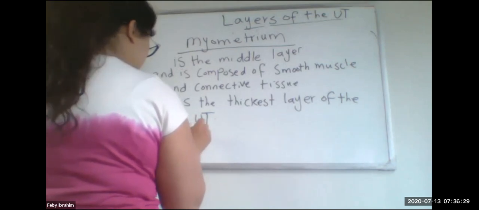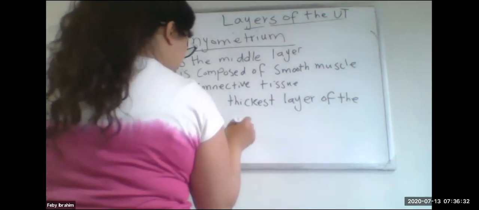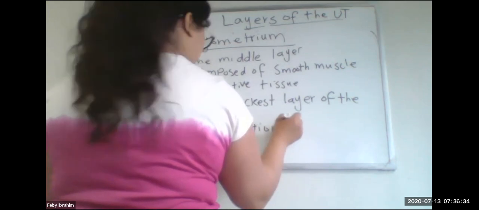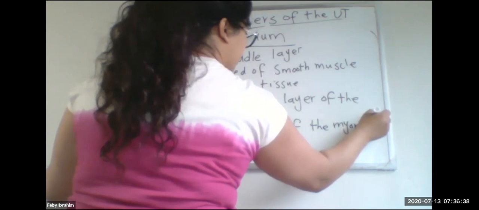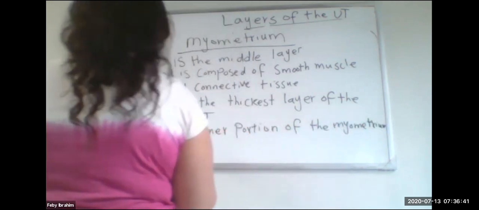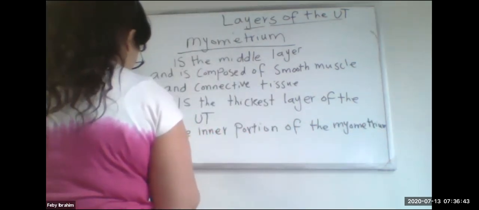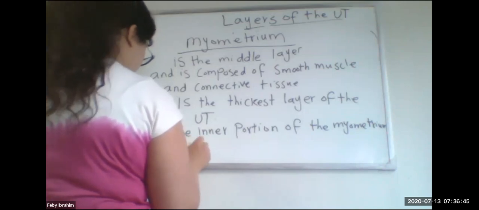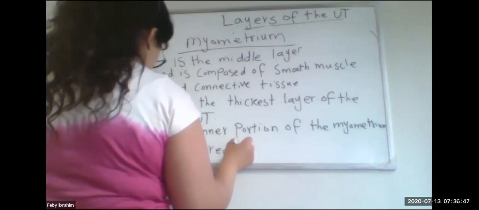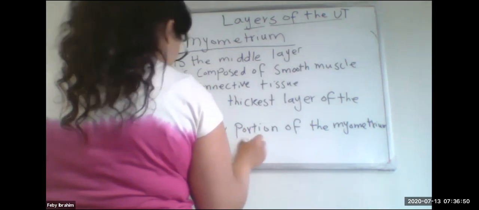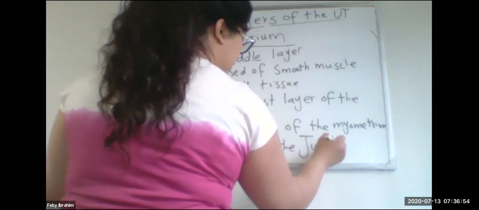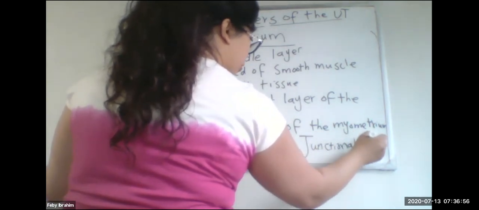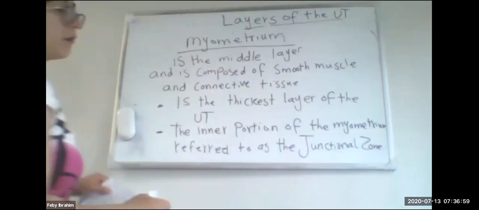The inner portion of the myometrium is referred to as the junctional zone.